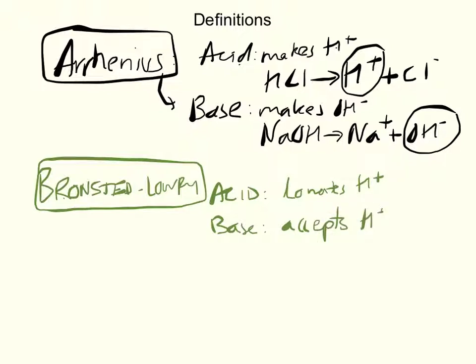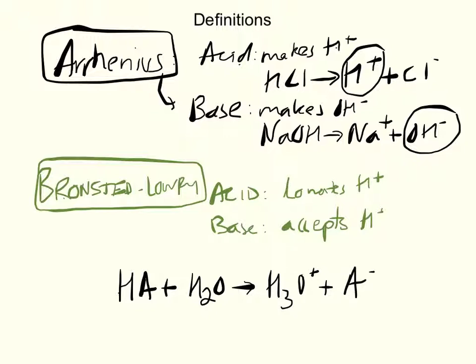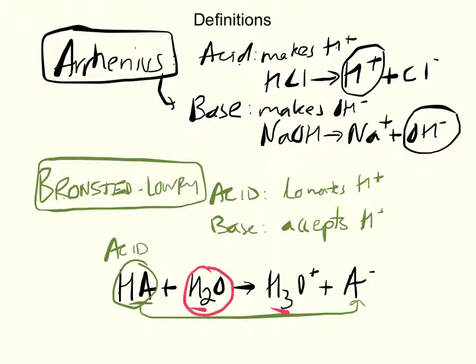So for example, if we had a generic reaction, HA plus H2O forms H3O+ and A-, which of these is the acid and base according to the Bronsted-Lowry definition? Well, which compound donated a hydrogen? HA became A-, so it lost a hydrogen, so we would say this is the acid. H2O, on the other hand, started with 2 hydrogens and ended up with 3, so this molecule gained an H, so we would say this is the base.